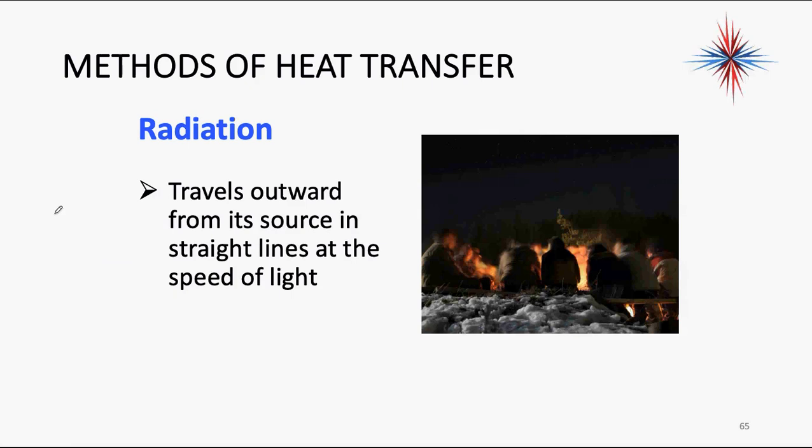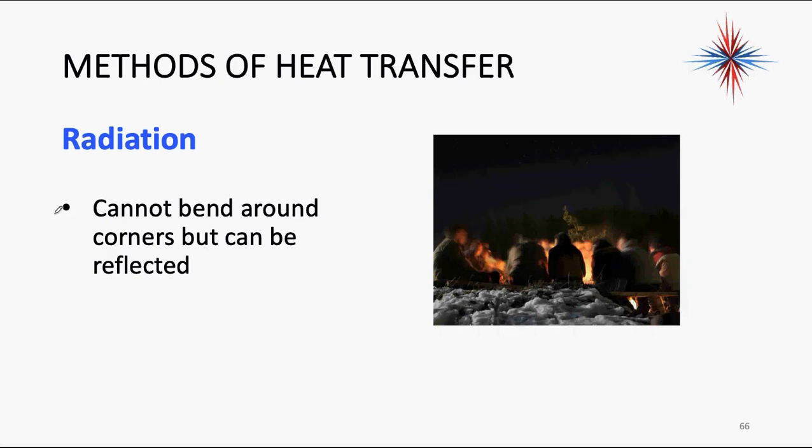Radiant heat does not bend around corners. In other words, if I get up and move away from the fire and go behind a tree, or some bushes or a car, I can no longer feel the heat from the fire, because radiant energy doesn't go through solid objects. It cannot bend around corners, but it can be reflected.